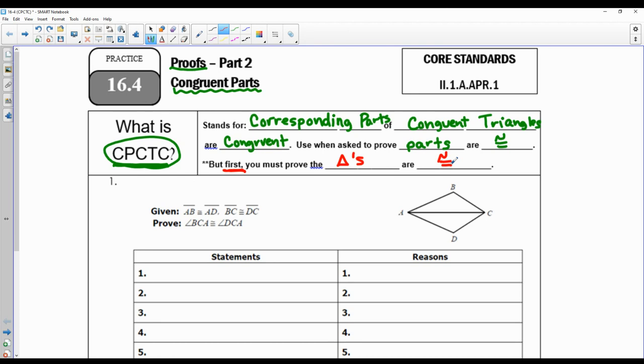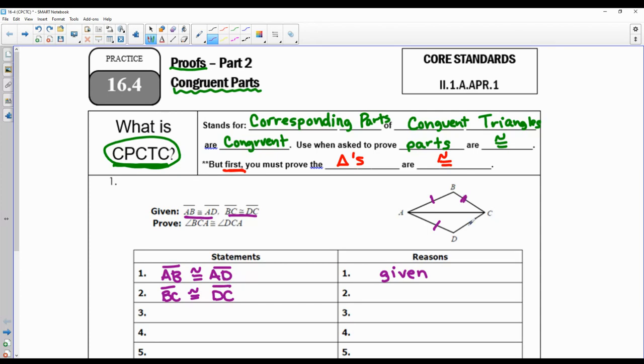All right, so let's look at this first question on your homework. Notice we're given that AB is congruent to AD. So I'm going to give that as one of my statements. AB is congruent to AD. That was just given to us. And we were also told that segment BC is congruent to segment DC.